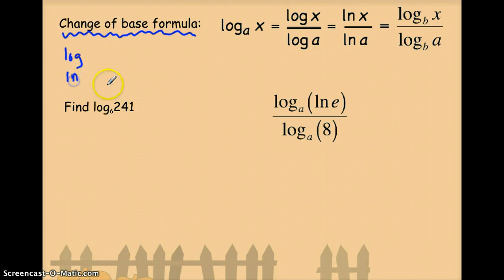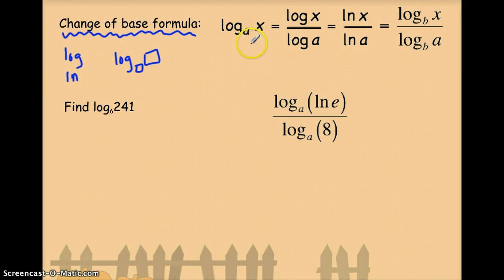When you typed in log, it didn't give you a little box for the base. So in order to do a problem like log base 6 of 241, you had to use this change of base formula in your calculator.